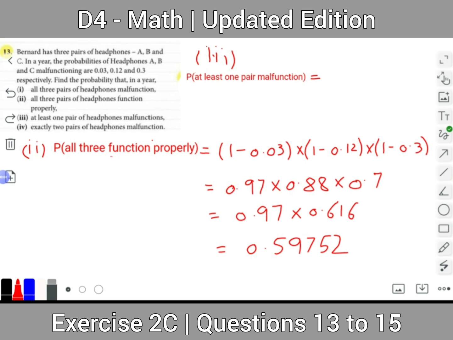malfunctions. So for the probability that at least one pair malfunctions, we have to just subtract the probability of all three functioning properly from 1.